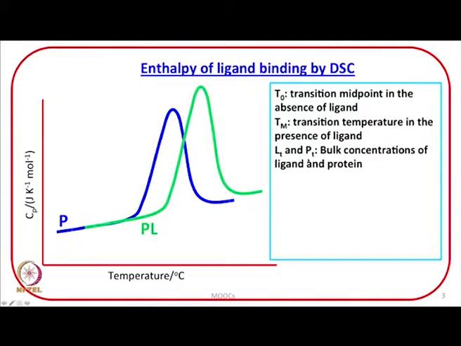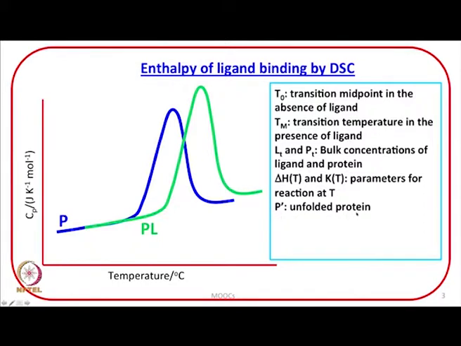Lt and Pt are the bulk concentrations of ligand and protein. These are the total concentrations of ligand and protein taken in the study. Delta Ht and Kt we will refer to parameters for the reaction at the general temperature T. And prime we will use for the unfolded state.